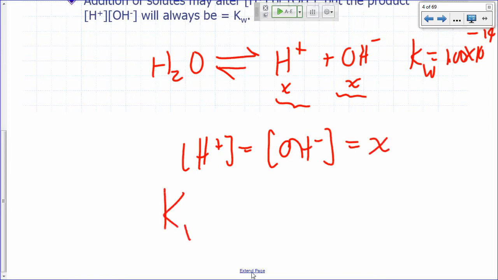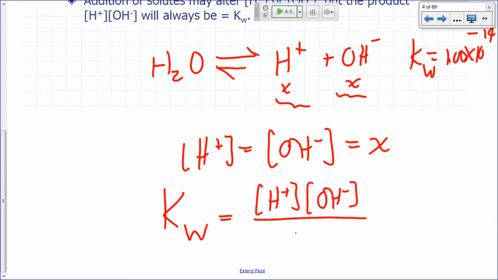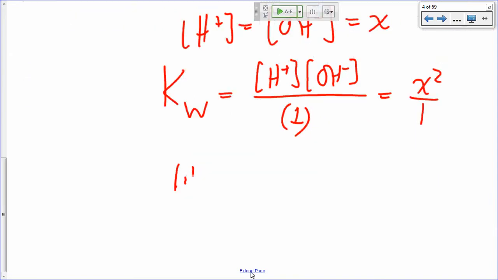What's the expression for Kw? The equilibrium constant is activities of products over activities of reactants. So it's H plus times hydroxide divided by the activity of water, which is 1. So that's just X squared over 1. How do we solve for X? 1.00 times 10 to the negative 14 equals X squared.